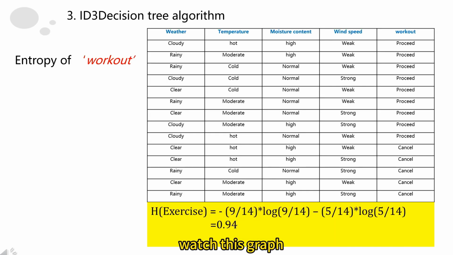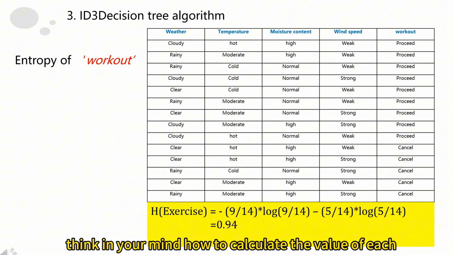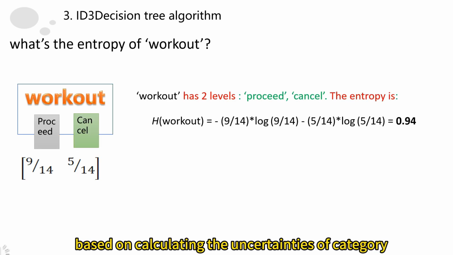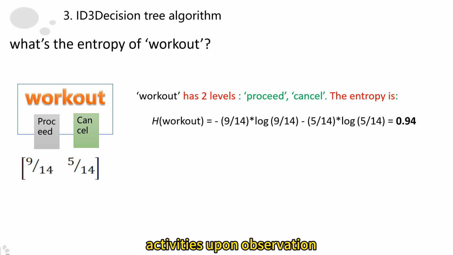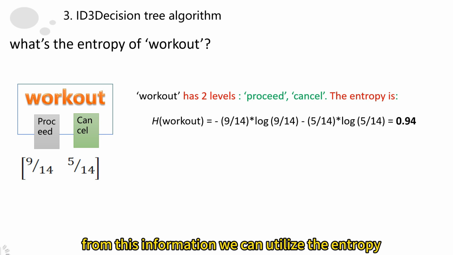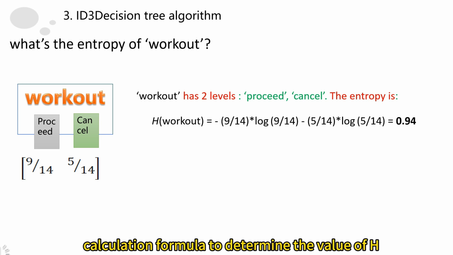Think about how to calculate the uncertainty of the category. Upon observation, play appears 9 times and don't play appears 5 times. From this, we can use the entropy formula to determine the value of H.